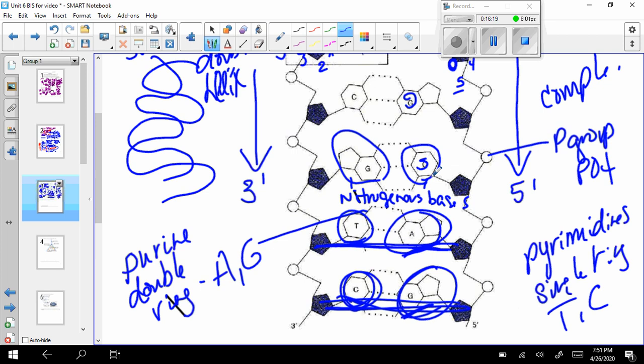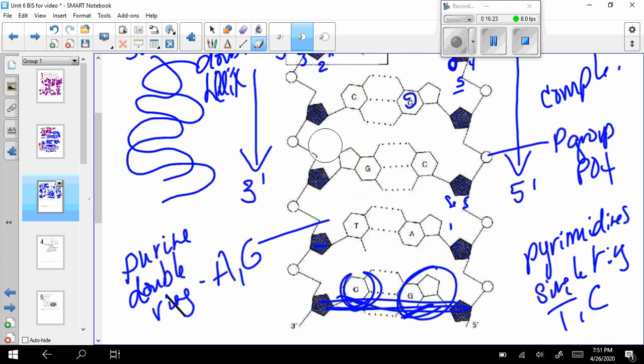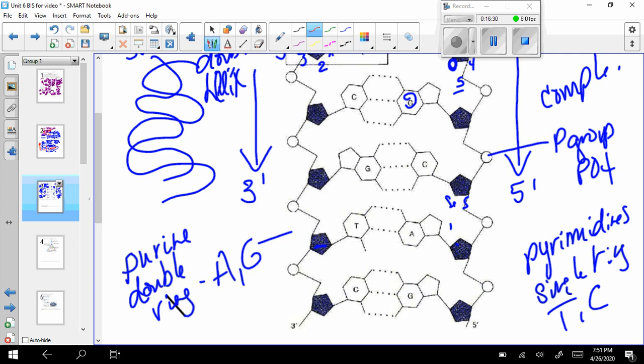Now, the next thing I want to point out, I need to do a little erasing so that you can see it more clearly. A's and T's only have two hydrogen bonds between them. These are my hydrogen bonds, positive-negative attractions. Between a C and a G there are three hydrogen bonds.